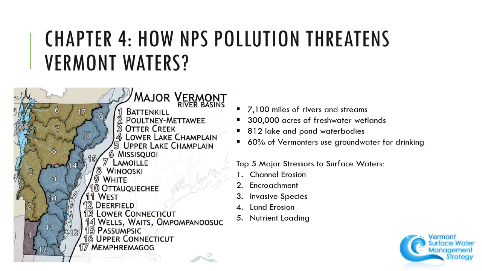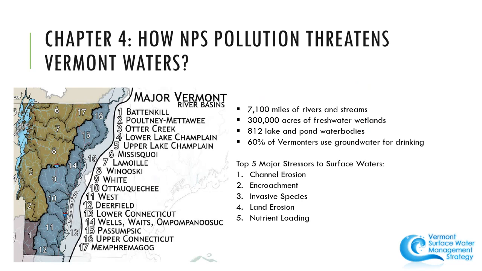Awesome. So we're on to chapter 4. How is non-point source pollution threatening Vermont waters? This chapter goes over a little bit of the Atlas of Vermont, the scope of waters that we have in Vermont: over 7,000 miles of streams and rivers, over 300 acres of freshwater wetlands.